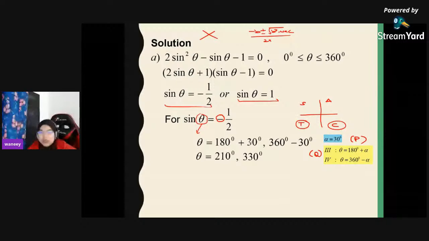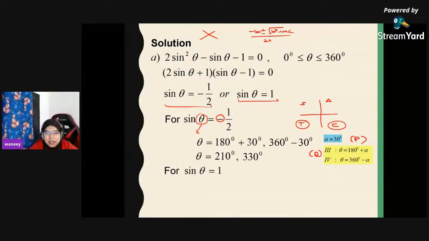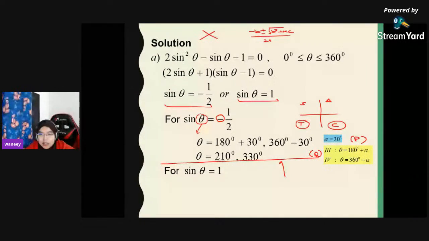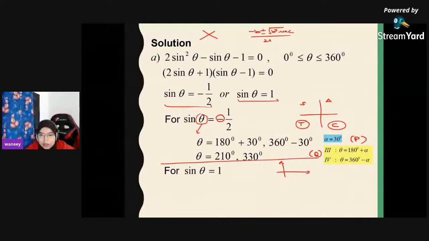So now we should check another one, for sine theta equal to 1. Actually, if you draw the graph for sine theta, it might be a little bit helpful for you to see which one is going to give you 1. This is the maximum, 1.